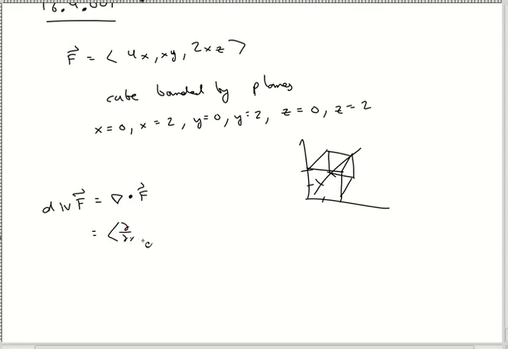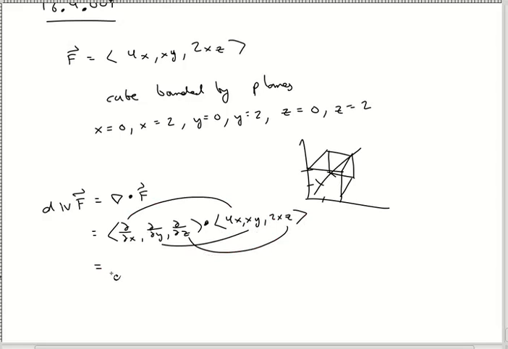So del x, del y, del z dot, and then this stuff here: 4x, xy, 2xz. And because it's a dot product, you just put like terms together, super fast and easy.